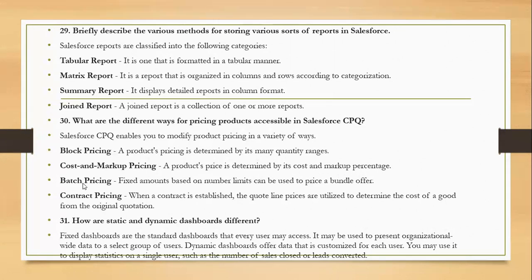Percentage pricing and fixed amount pricing are based on the number limit and can be used for bundle offers. Contract pricing: when a contract is established, the quote line pricing is used to determine the cost of the goods from the original quote.